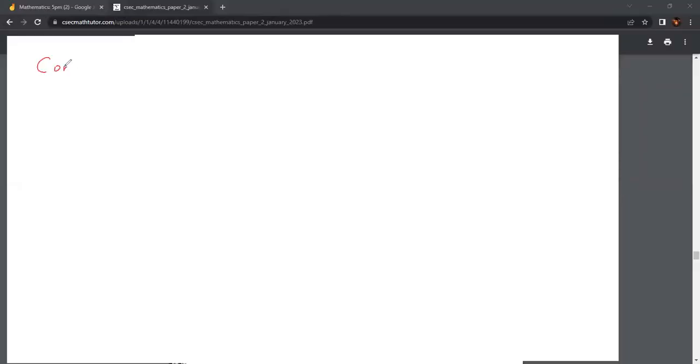All right, so let's look at composite functions. Now, composite functions simply means a function of another function. So do you remember?